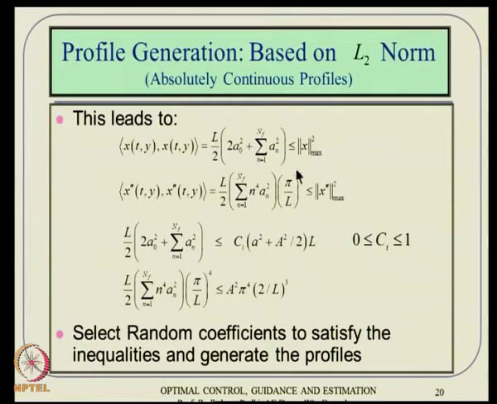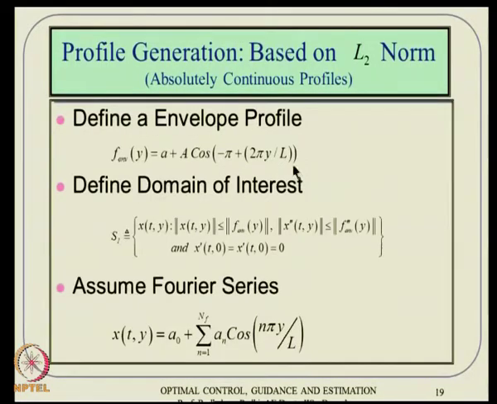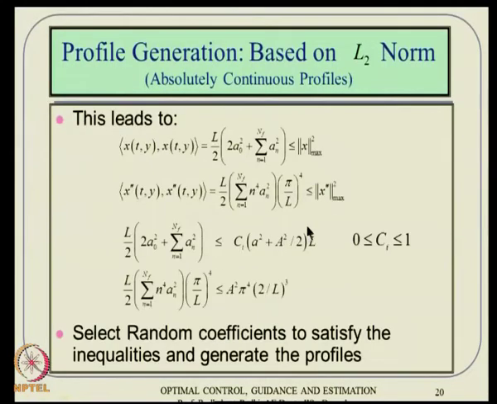That means this constraint equation has to be satisfied. Similarly, if you compute this other inner product, this is the expression, and it has to be less than a fixed number, which is also coming out of that. These numbers have to be compatible, remember that. You cannot put in arbitrary numbers just for fun. That is where this envelope profile helps us get a compatible number set.